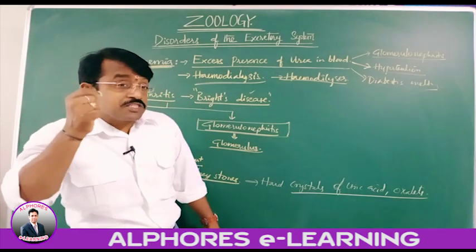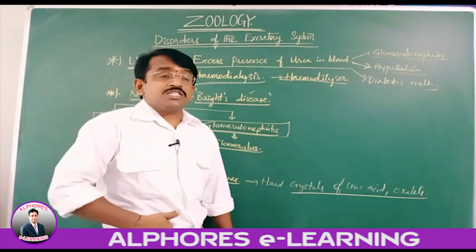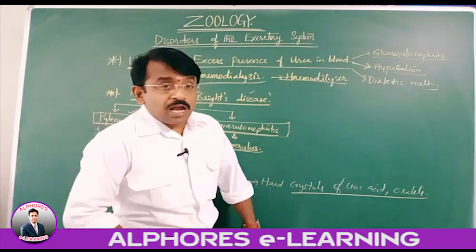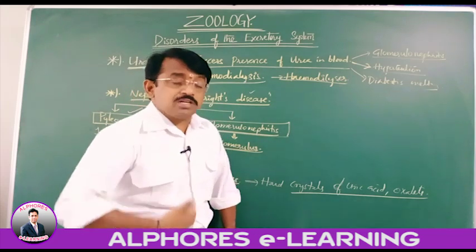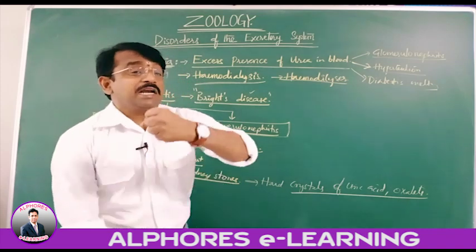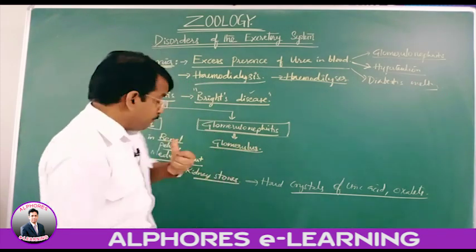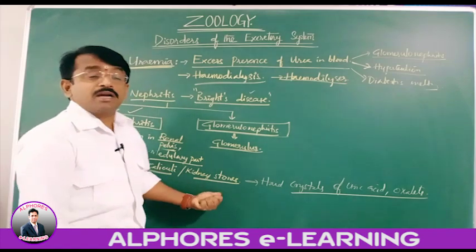This is the symptom. Pain which starts in the back and runs to the abdomen region and also the lower thigh region as well as the testicles in males and the vagina in females, severe pain. This is the indication of renal calculi or kidney stones.